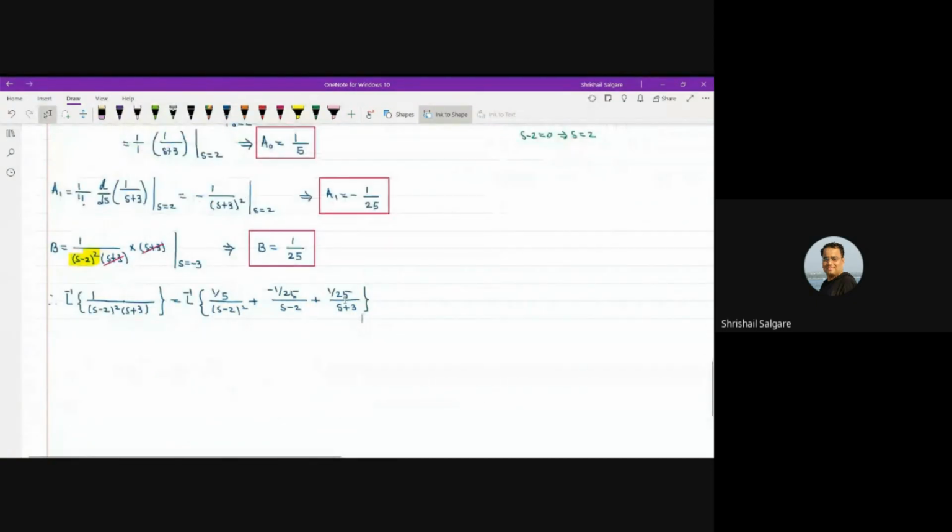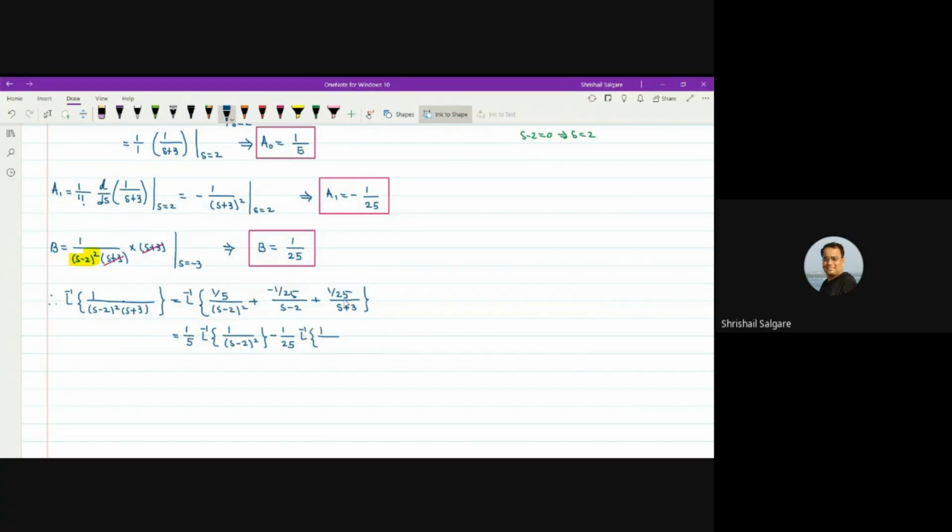Okay. Now further it can be written by linearity property as 1 upon 5 into L inverse of 1 upon s minus 2 bracket square, minus 1 upon 25 into L inverse of 1 upon s minus 2, plus 1 upon 25 into L inverse of 1 upon s plus 3.